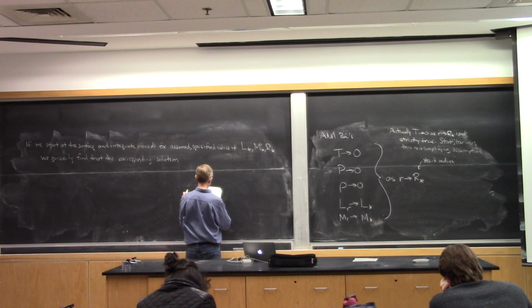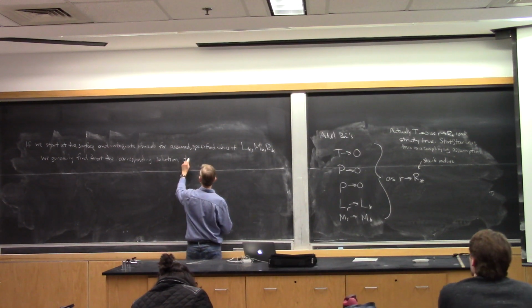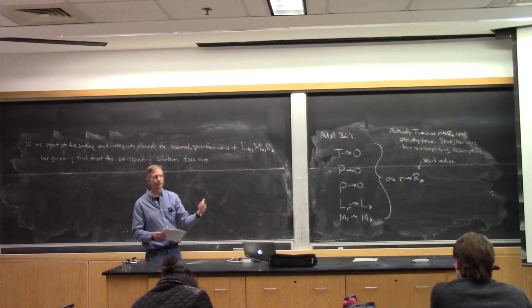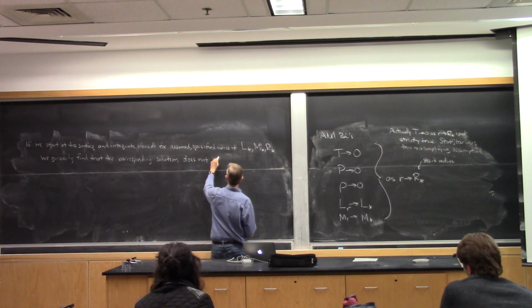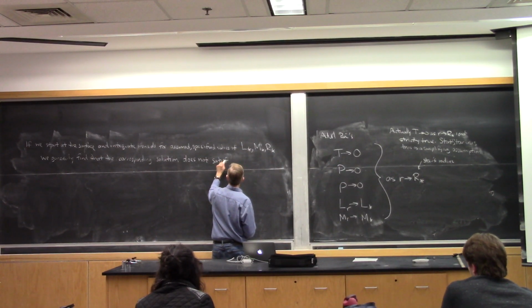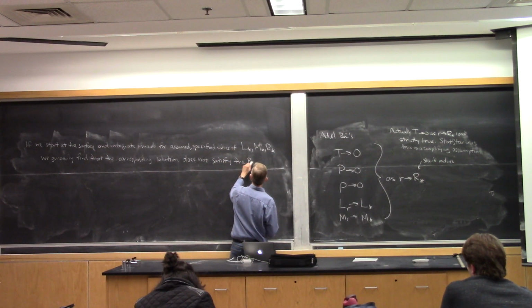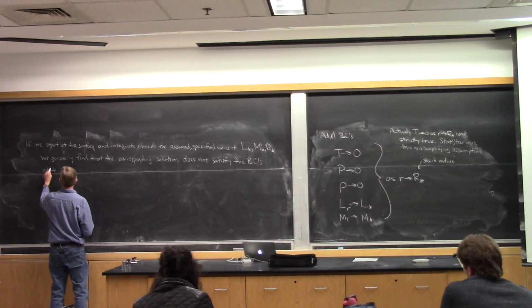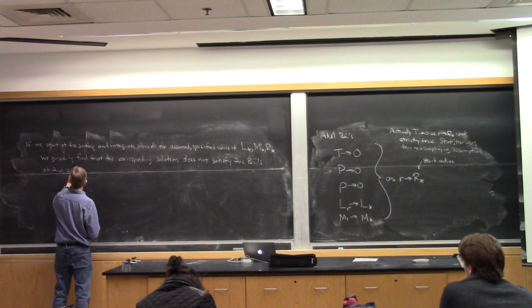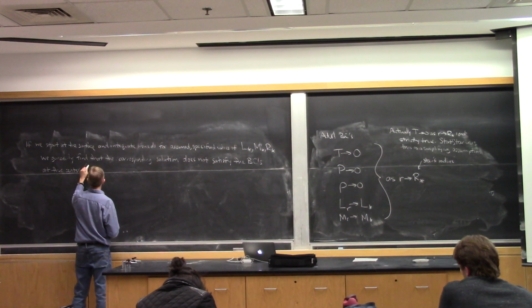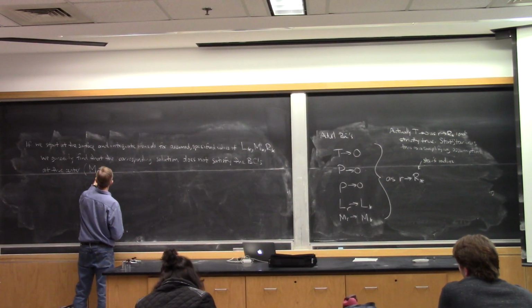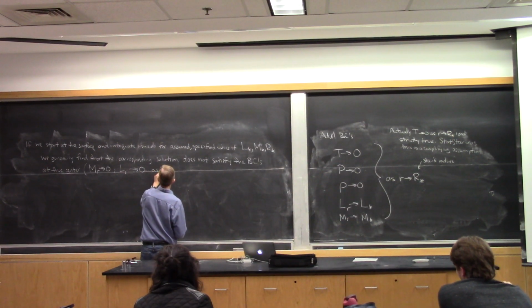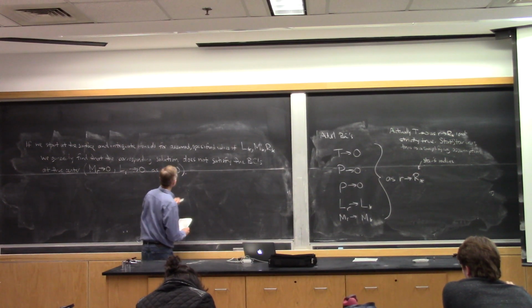In other words, M sub r doesn't go to 0, L sub r doesn't go to 0, namely that M sub r should go to 0 and L sub r should go to 0 as r goes to 0.